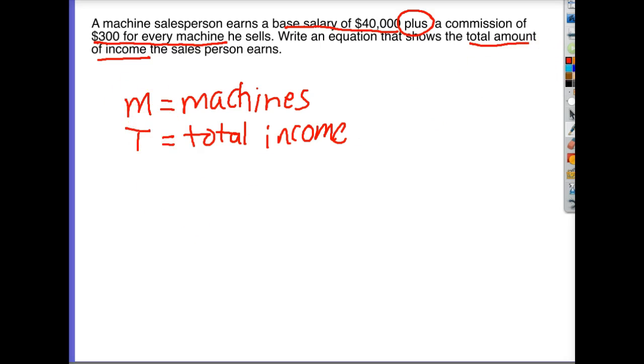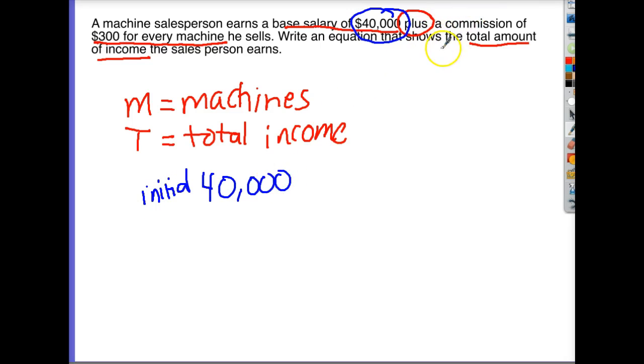Okay, now I need to go through and look for any rates or initial values. Do I see any initial values? I do, because a base salary means I'm going to make that no matter what. Base salary is an initial value. So I have 40,000 as an initial value.